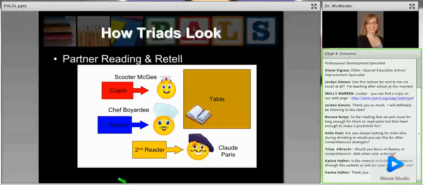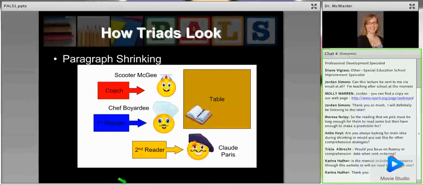And because there are basically 3 activities, there are 4, but we usually put retell together with partner reading, you can rotate their roles so that each kid gets a chance to do each job across the 3 activities. So for partner reading and retell in this example, Scooter is the coach, Chef is the first reader, and Claude is the second reader. So Scooter would only be giving the prompts and the correction. Chef and Claude would take turns reading.